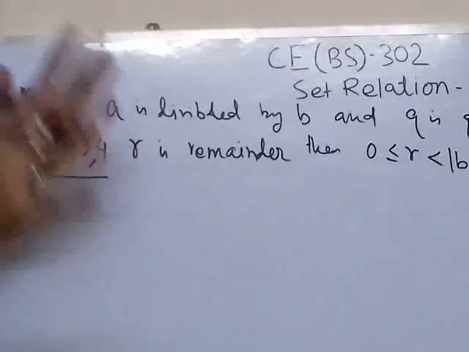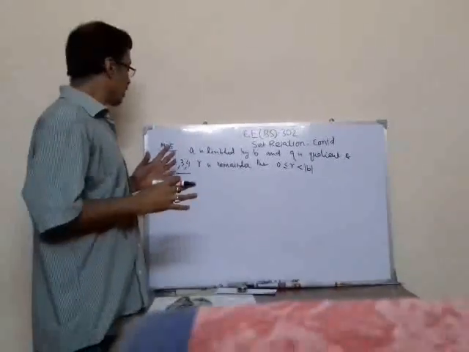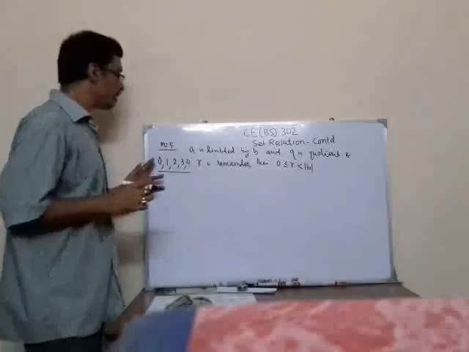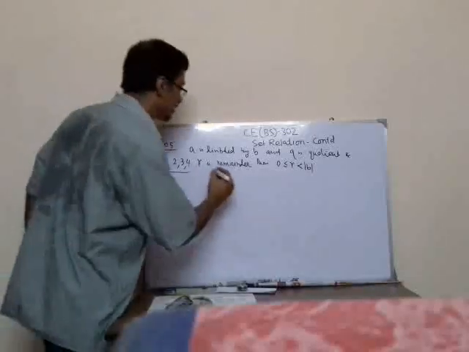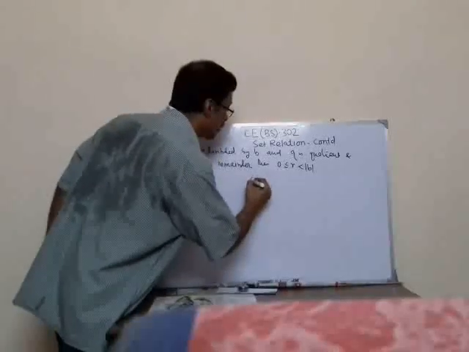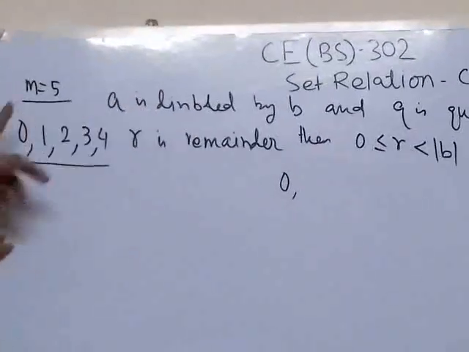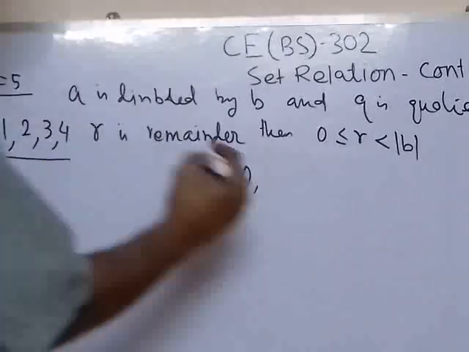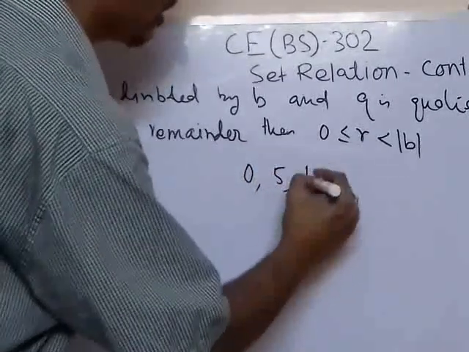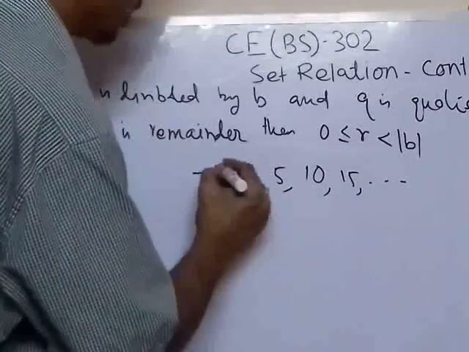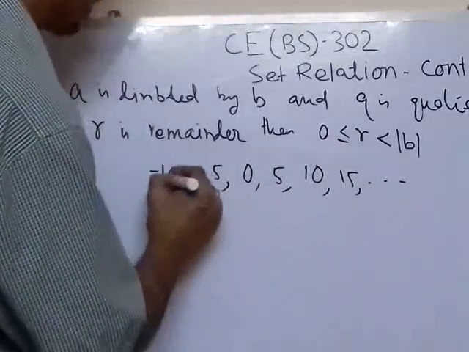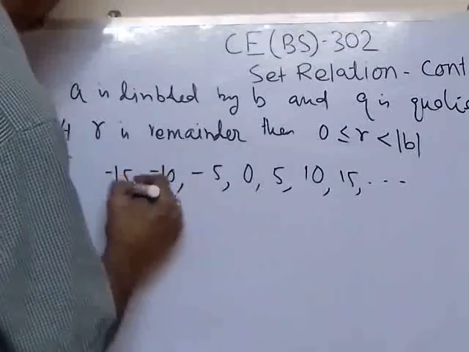Let us list the integers which are congruent to 0. That means those which will produce 0 remainder. So 0 itself is a member of this 0 remainder class. Then 5, 10, 15 this way, and there will be minus 5, minus 10, minus 15 this way.